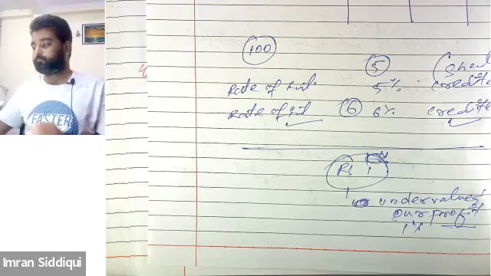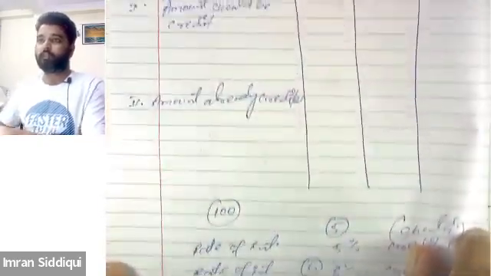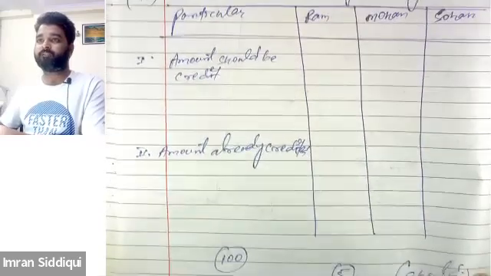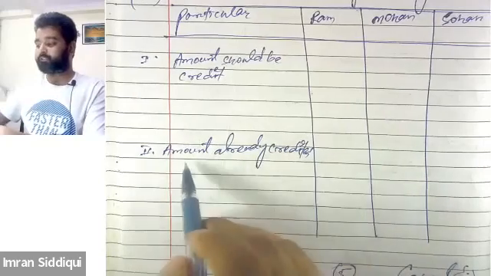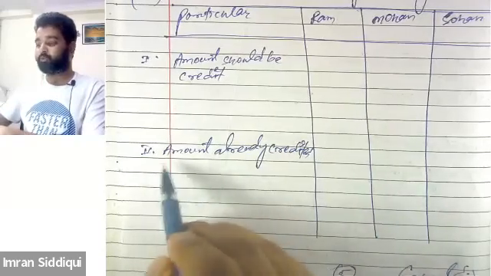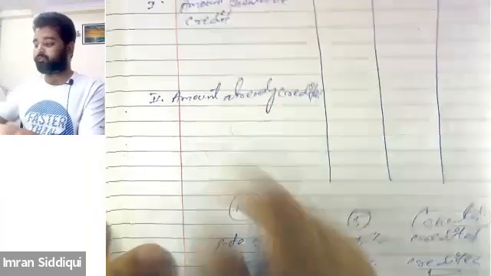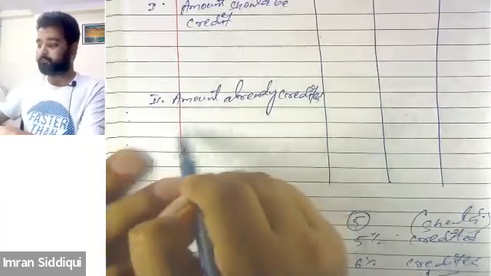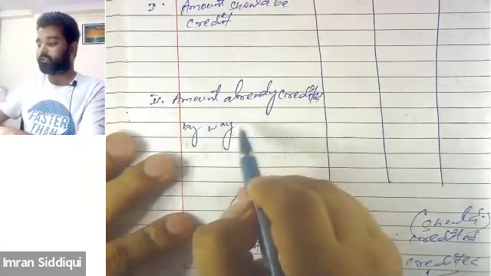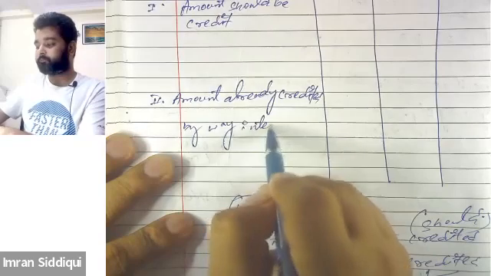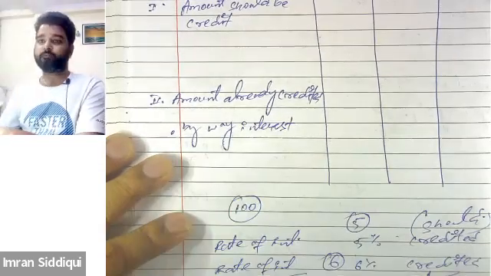Yes, sir. Okay, now see, since the amount is credited among the partners by way of interest, I'm going to write down the second item first. Amount already credited by way of interest among the partners is 1% extra.